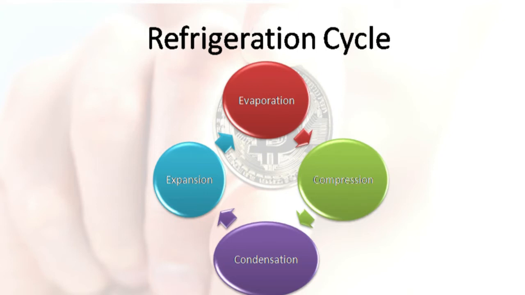And the expansion valve helps significantly decrease the pressure of the liquid, which in turn lowers its temperature. The resulting lower pressure liquid then reaches the evaporation coil again, initiating the cooling cycle at the evaporation stage, and thus it goes on and on and on.